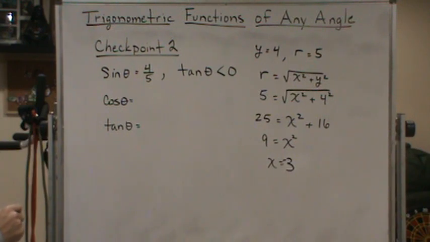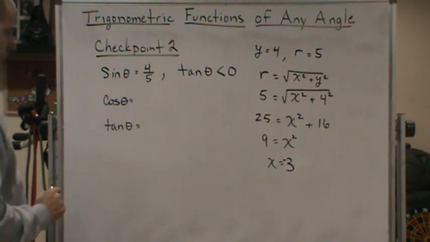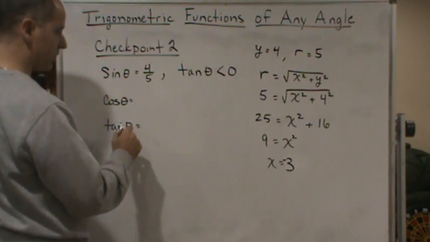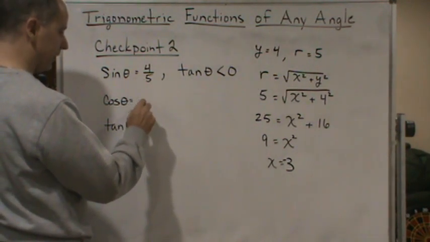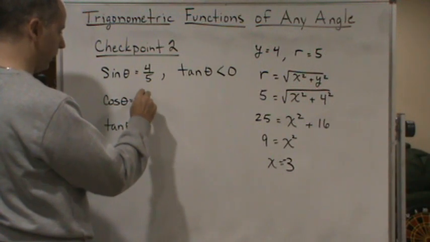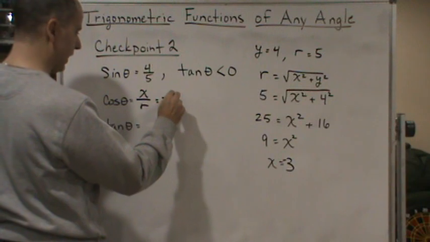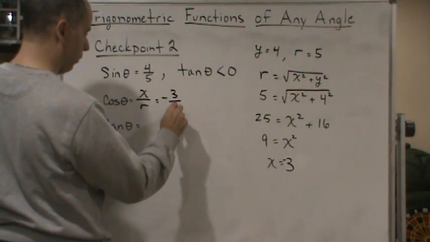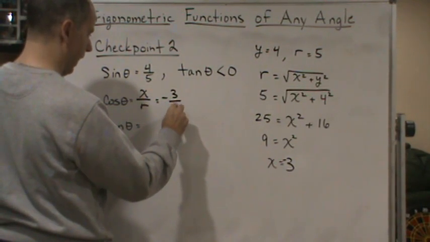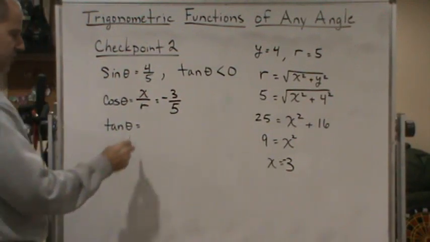And so cosine of theta is going to be x over r, which gives us negative 3 over 5. And then tangent's negative, right?